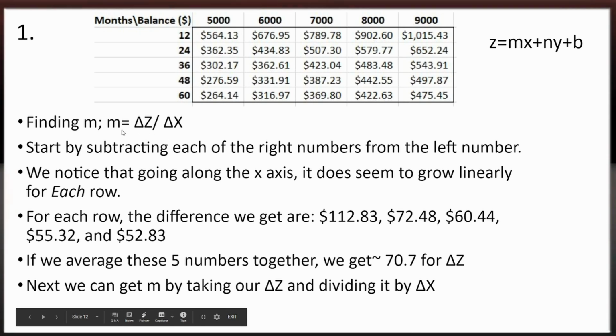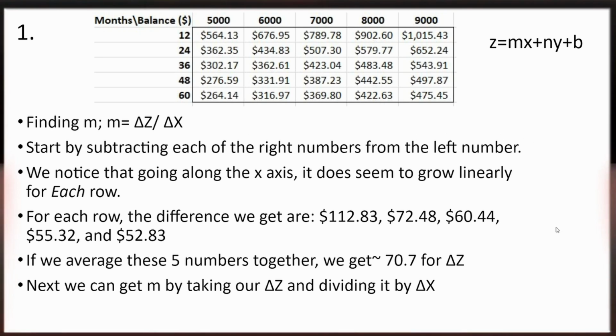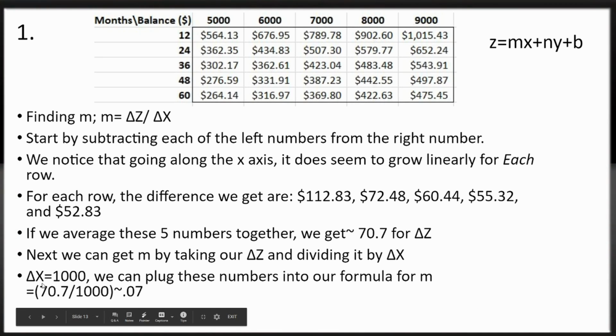We know our change in x is 1,000 because we can see 5,000 to 6,000, 6,000 to 7,000, and so on. We plug these numbers into our formula for m: 70.7 for our change in z over 1,000, our change in x, and that is around 0.07.